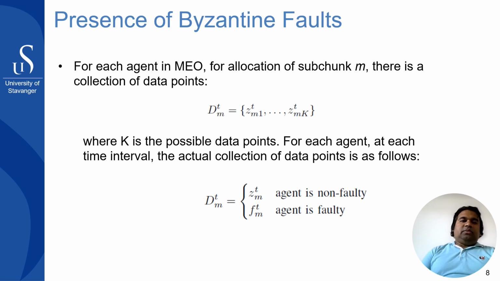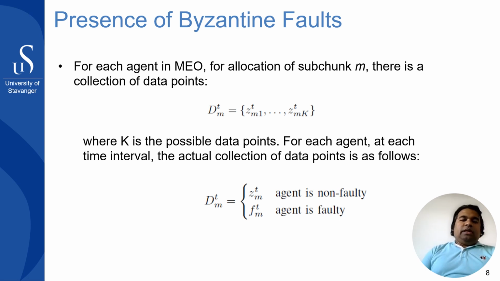Now the presence of Byzantine faults. So we will have a set of data. Basically MEO has this set of data, and this data set is ZM1, ZM2, and the others. This data set basically consists of the calculated revenues, and I showed in the previous page how we calculate the revenue.